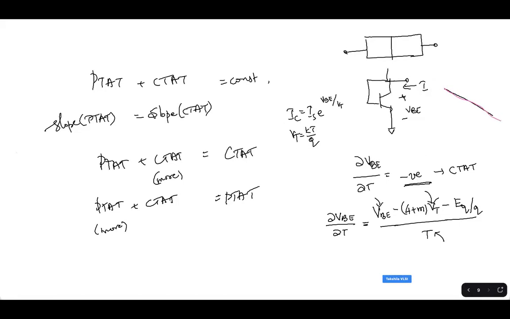A very small one, it may not really be observed at first sight; you may have to zoom in and then understand, yes, there is some issue here in the curve. Although for all calculation purposes, for all assumption purposes, it can be said that it is a constant negative number and hence VBE is a CTAT voltage.